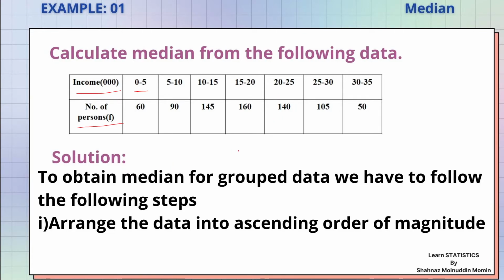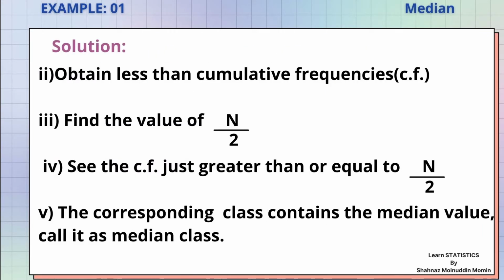To obtain median for grouped data, we have to follow the following steps. Step number 1, arrange the data in ascending order of magnitude. Second step, as similar to discrete data, obtain the cumulative frequency. And third step is find the value of n upon 2.